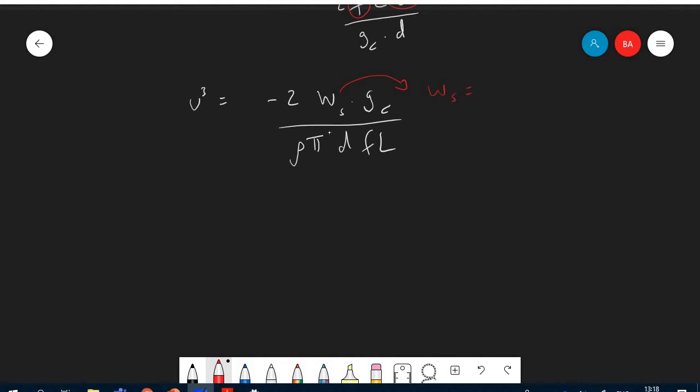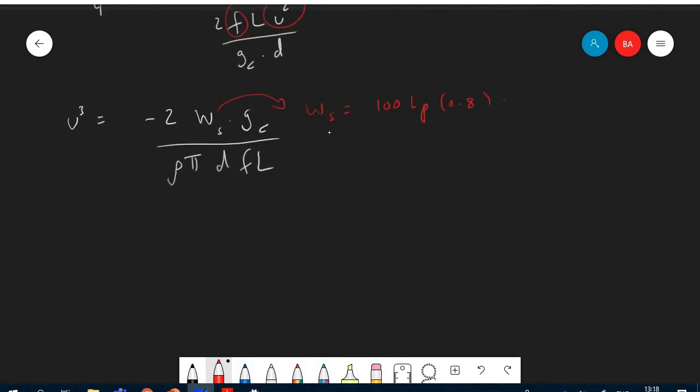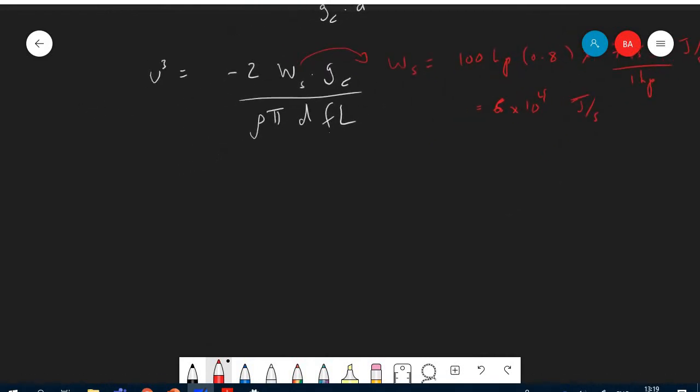Ws is 100 horsepower, but we know this 100 horsepower is 0.8 efficiency, and I need to convert that horsepower into joules per second, which is about 6 into 10 to the power 4 joules per second.